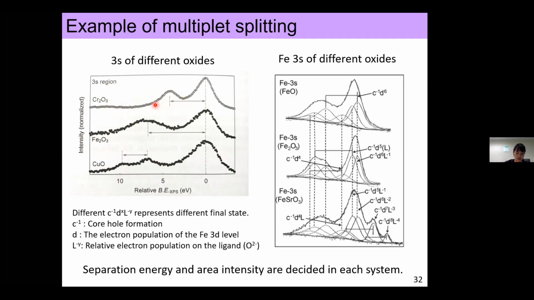If you see the 3s region of iron from different iron oxides, many peaks can be observed. These symbols represent different final states, but I won't explain in detail now. Similar to spin-orbit coupling, the separation energy and the area intensity of peaks in multiplet splitting are decided in each system.